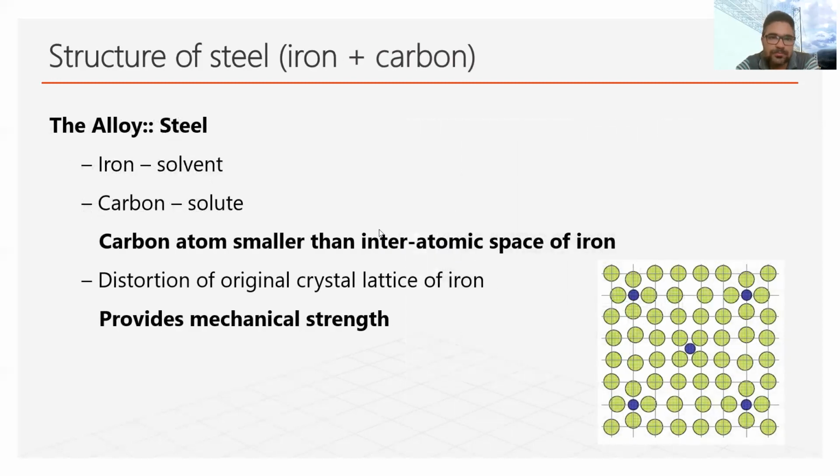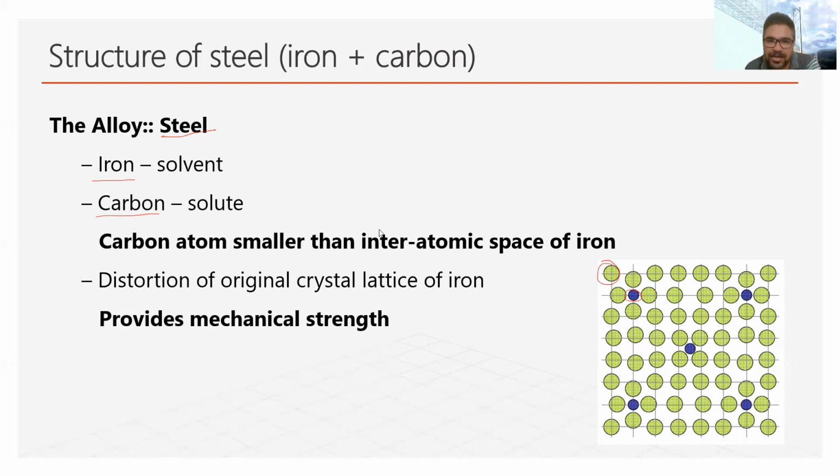Now coming to the structure of steel. The structure of steel is composed of iron and carbon. As steel is basically an alloy, in steel iron acts as a solvent and carbon acts as a solute. There you can see the green portion is the iron atoms, and the blue portion is the carbon atoms.